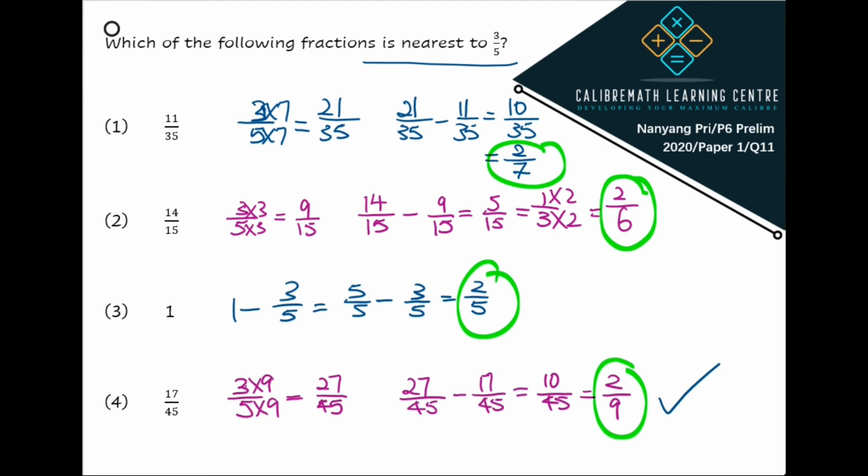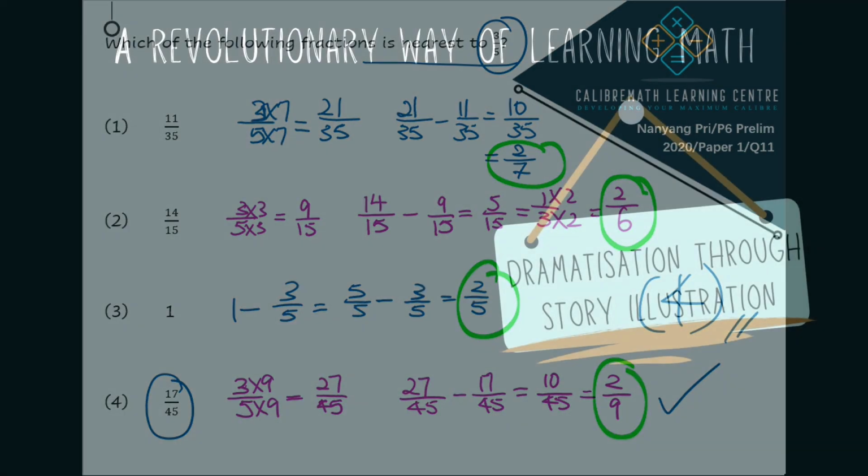Since it's the smallest fraction, and this is the difference between 17 out of 45 and 3/5, 2/9 is the smallest gap between the 2 of them. So the answer for the fraction that is the nearest to 3/5 is 17 out of 45. Our answer to this question is option number 4.